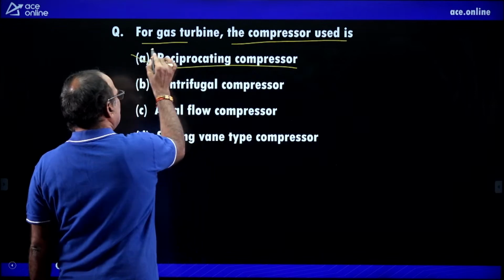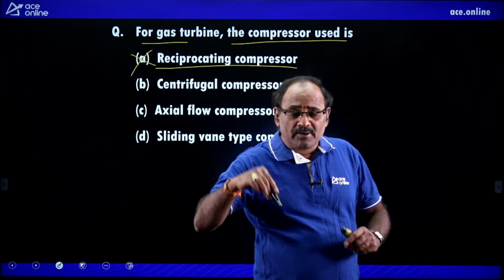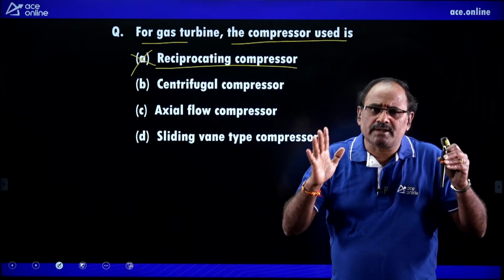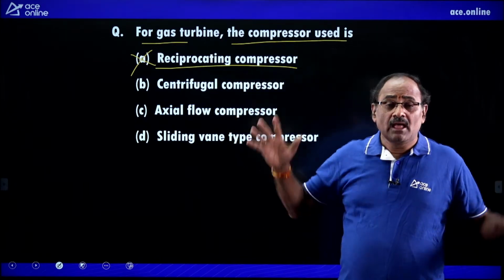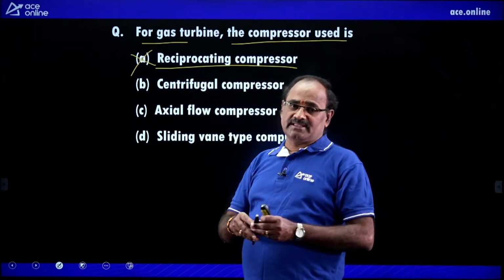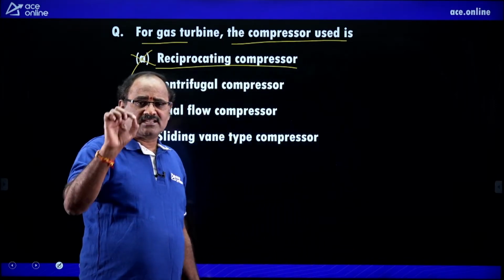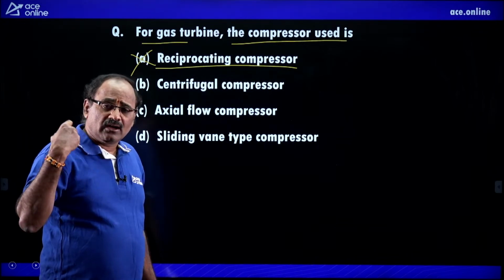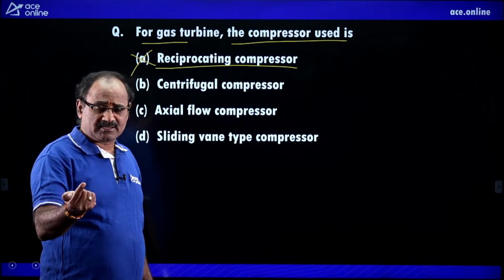No. Reciprocating compressor is suitable wherever your application is demanding a small quantity of airflow with high pressure. But for gas turbine power plant, a large quantity of air is required. Since a large quantity of air is required, you should go with the rotary compressor like Roots blower or axial flow compressor or centrifugal compressor.